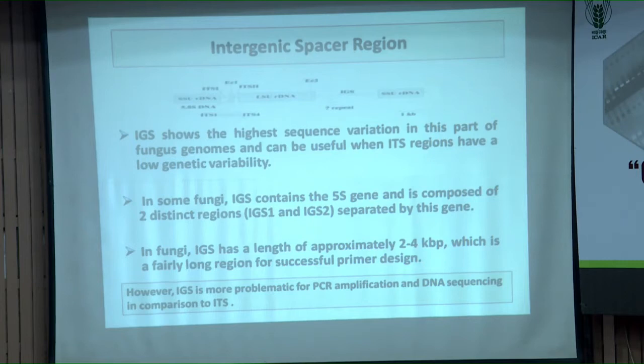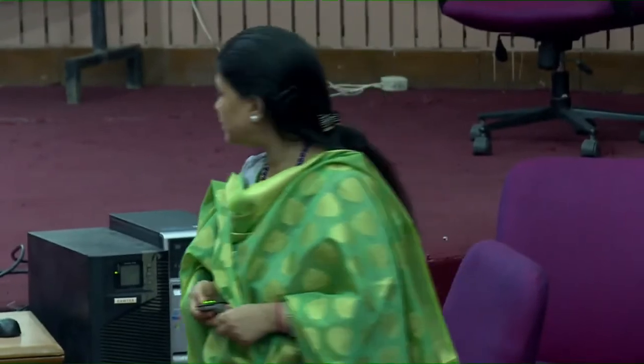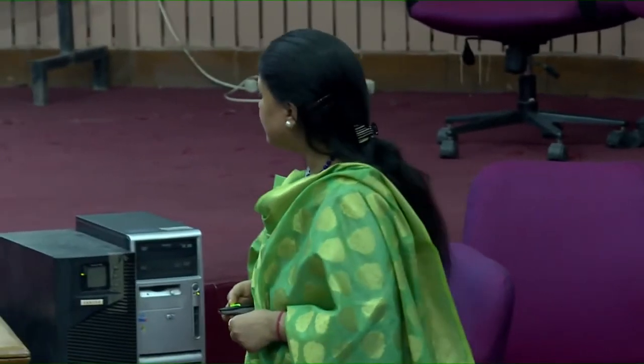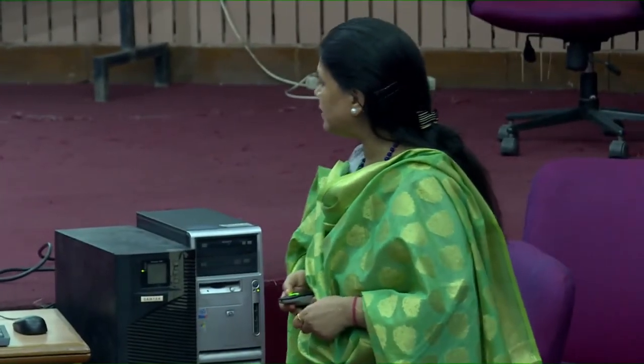In fungi IGS has a length of approximately 2 to 4 kbp, which is a fairly long region for primer design. Then there are some problems with IGS also. IGS is more problematic for PCR amplification and DNA sequencing in comparison to ITS.